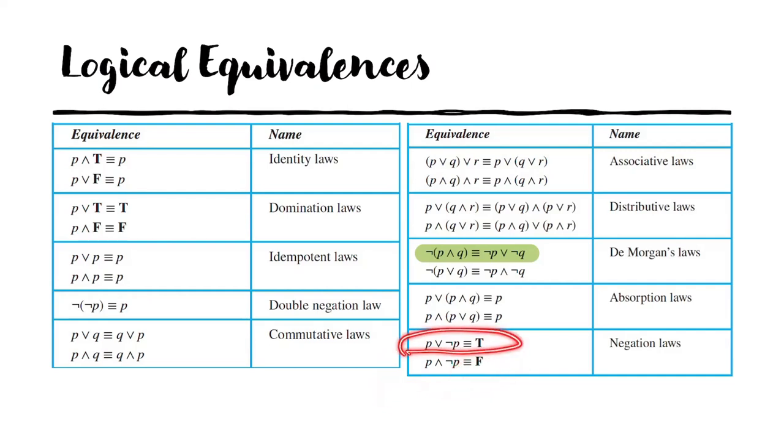The first one is always true because P can either be true or false. When you have P and not P, it will always be false because you cannot have a proposition being true and false at the same time.